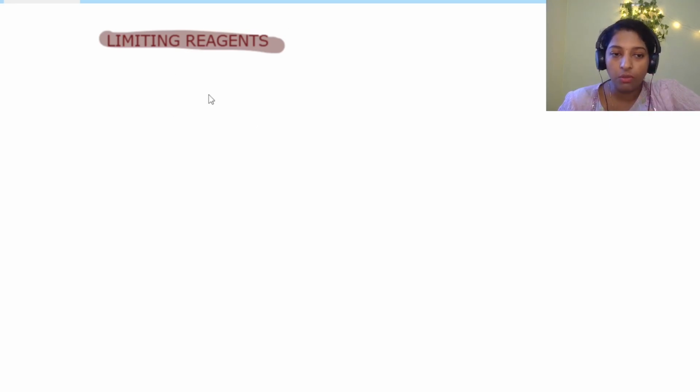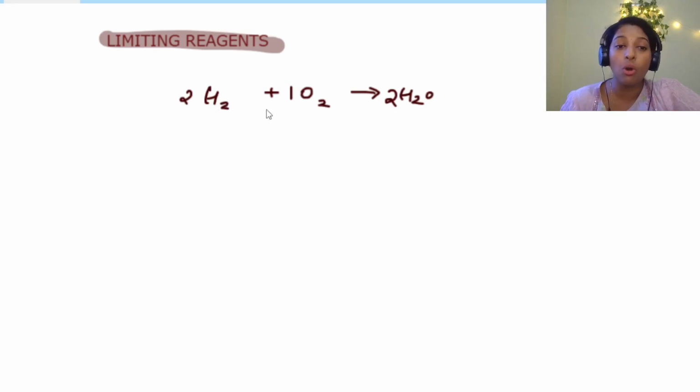In stoichiometry, what we studied, take an example where H2 is reacting with oxygen and forming water, and we know that stoichiometric coefficients are involved. The balanced chemical equation says this is 2, this is 1, and this is 2. What is this coefficient meant? The coefficient means the mole ratio.